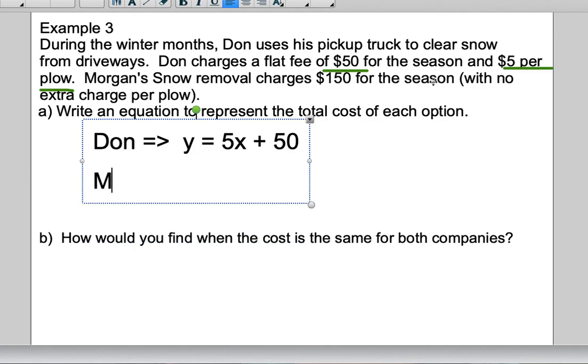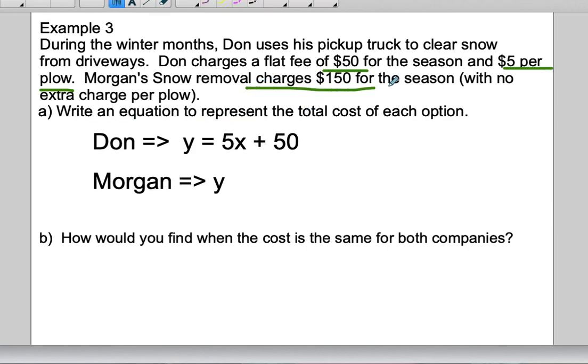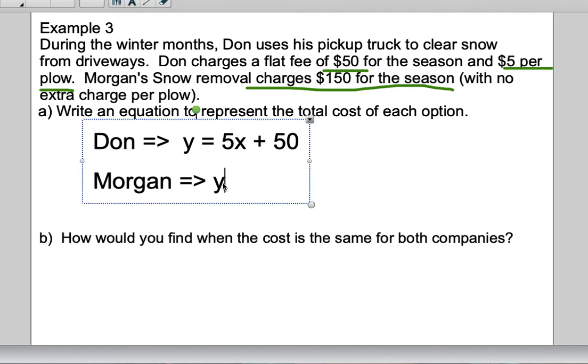Morgan charges a fee for snow removal of $150 with no extra amount of money. So if there is no per plow rate, it's just a flat fee, Morgan's equation is going to look like this.